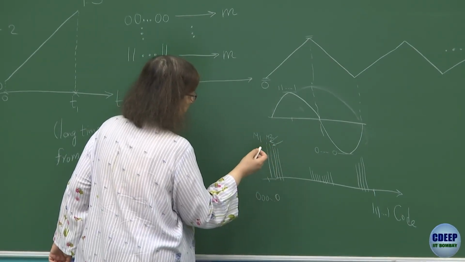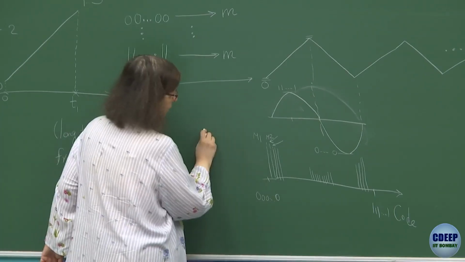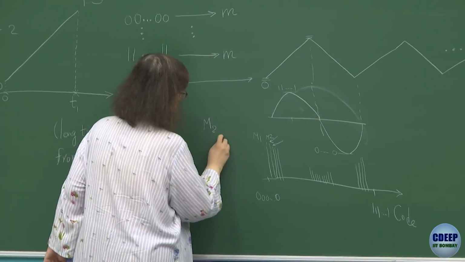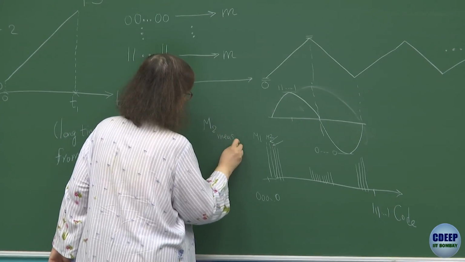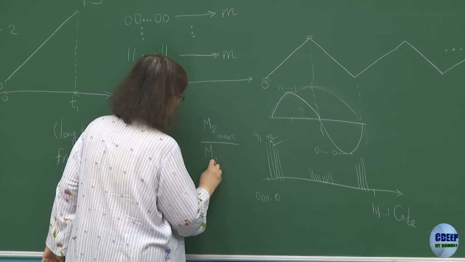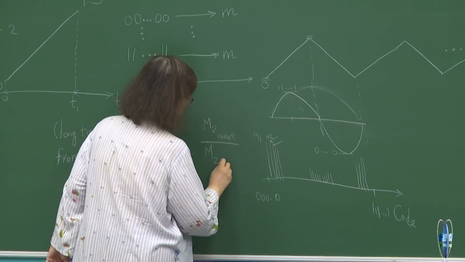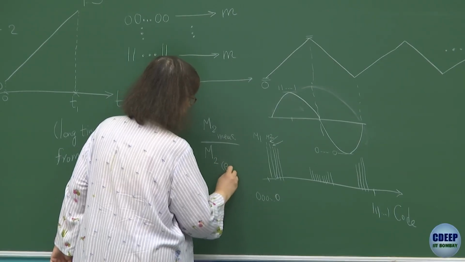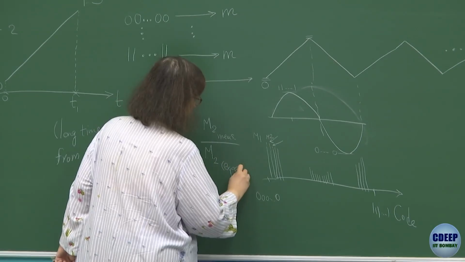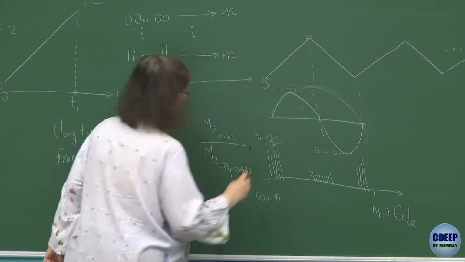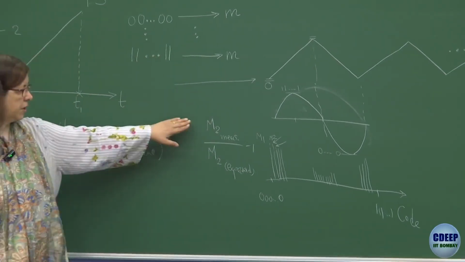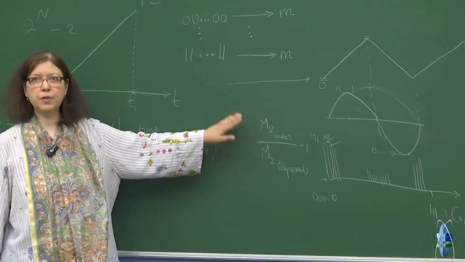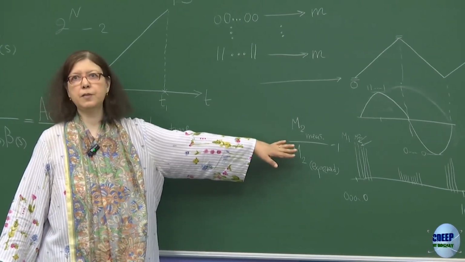It is M2 from measurement, over the expected M2, minus 1. So if these two are equal, the ratio will be 1, and DNL will be 0.